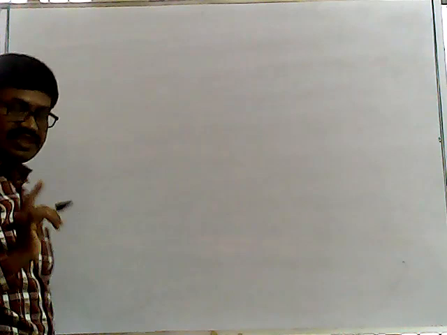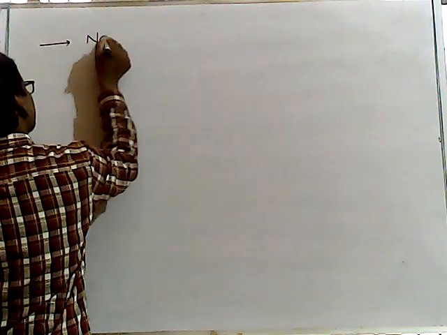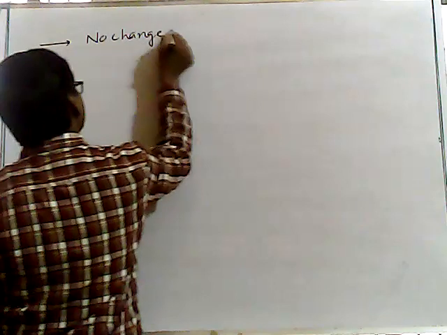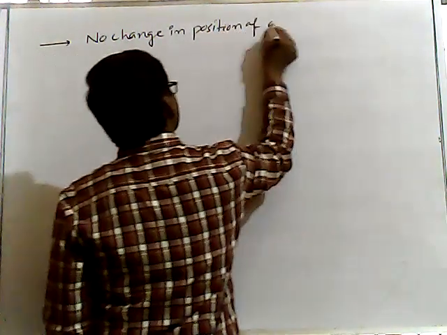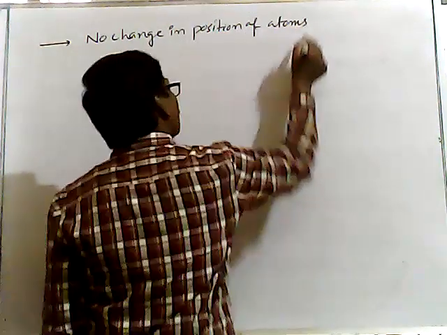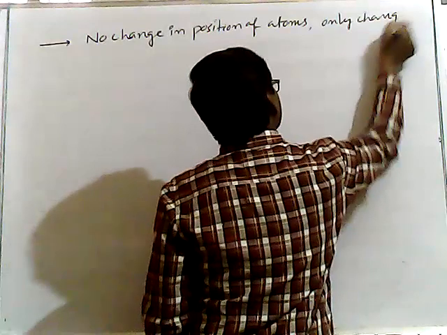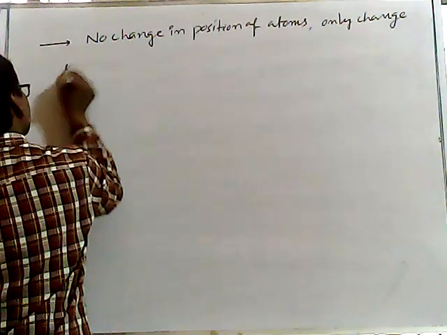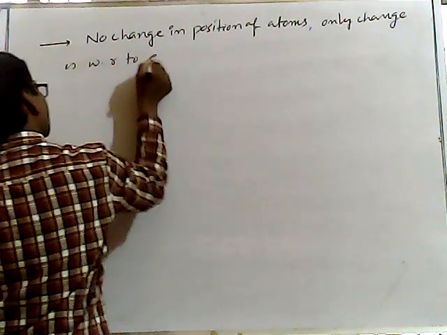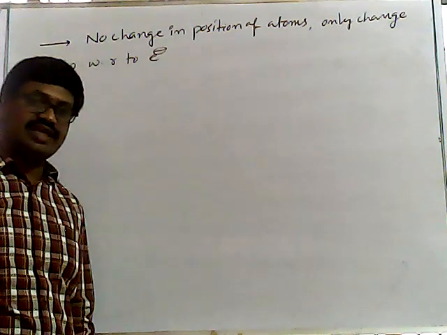So while writing these resonance structures, otherwise different canonical structures, there is no change in the position of atoms. Only the change is with respect to electrons, and the total number of lone pairs of electrons will not change in any canonical form.